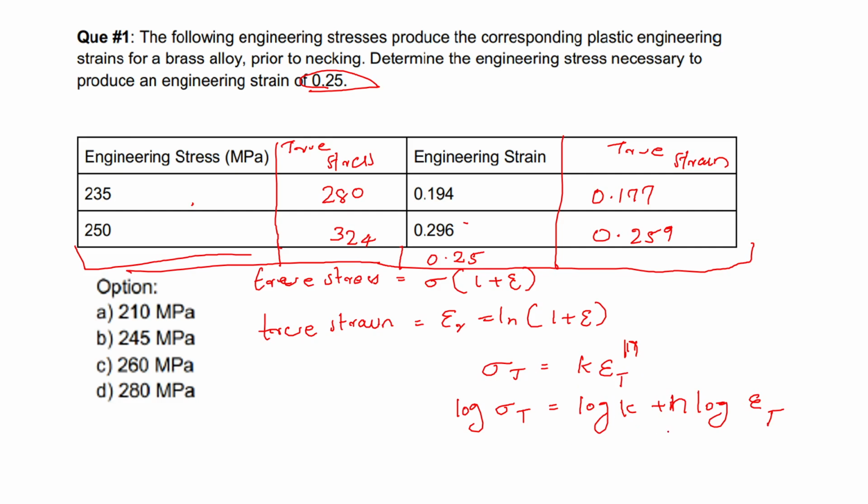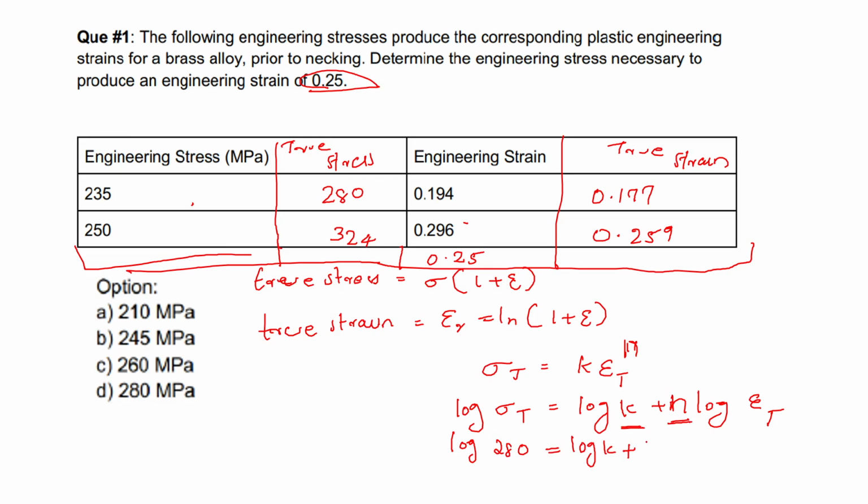Now you have to get two equations. Here K is a constant. You have to find the K value and the n value. We will make two equations from the known values. Can we take n equal to K?